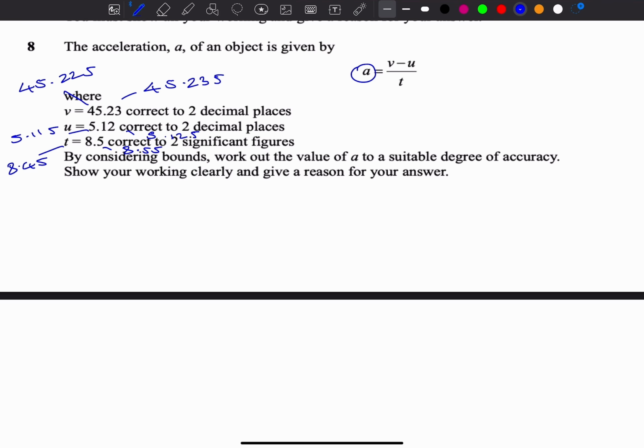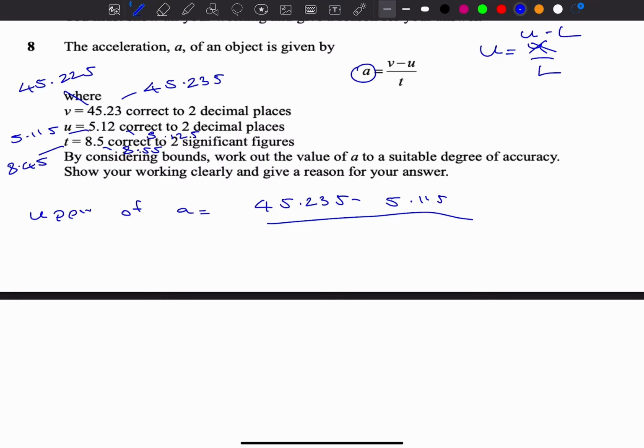Okay, how to get upper bound? Upper bound is upper divided by lower, but in terms of takeaway it is upper takeaway lower. So upper bound of A: upper of A is upper bound 45.235, takeaway lower 5.115, over lower 8.45.